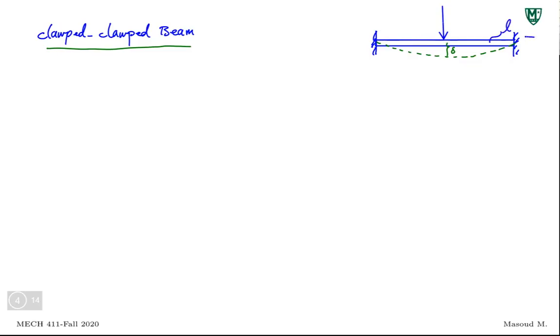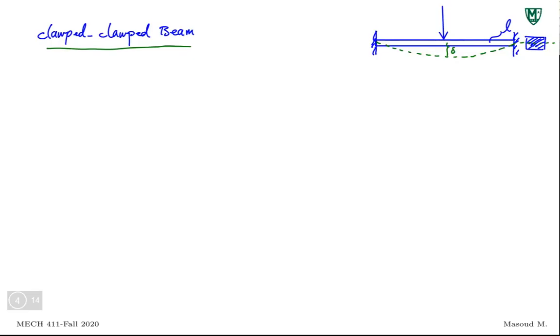The cross section for this beam can also be a rectangle or a circle. All we need to know is the modulus of elasticity, or Young's modulus, what material it is made of, and the area so we can calculate the area moment of inertia, or I. Keep in mind I is about this axis.